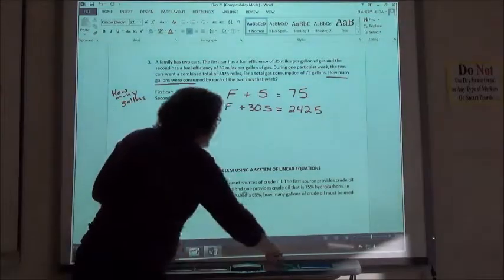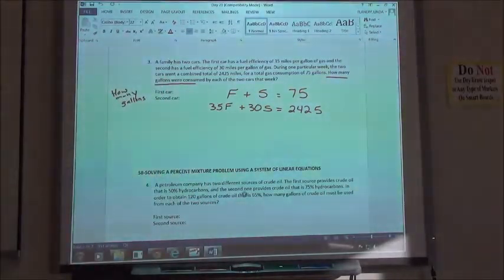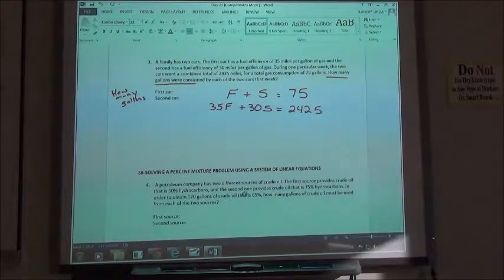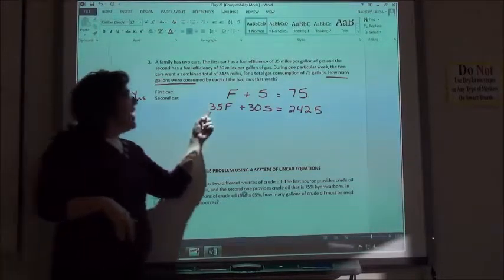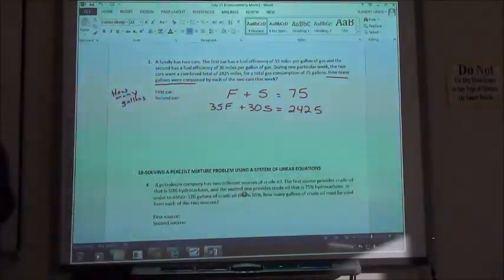So after we set up our systems of equations on those, we said we've got to eliminate one of our variables, and that we could either do it by substitution or addition, and you guys seem to think that addition was the easier way, which is also what I think. You can either get rid of the F's or the S's. It doesn't matter. Which one would you prefer to get rid of on this one? The F? Okay.